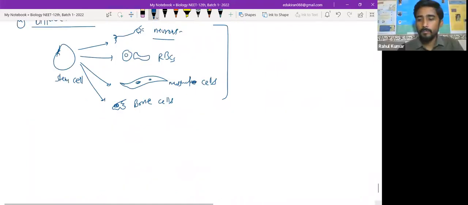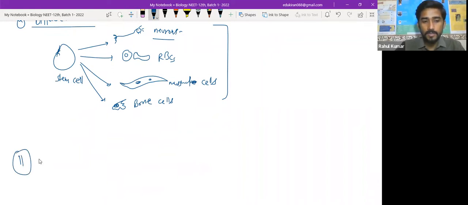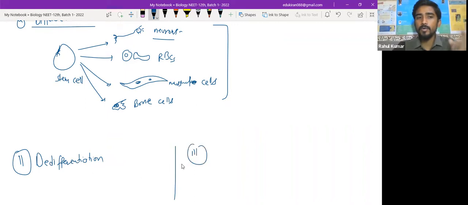Now, what do we mean by the other two terms? You have to think logically. Dedifferentiation, and then the third one is redifferentiation. You understood differentiation. Now you have to understand dedifferentiation and redifferentiation.